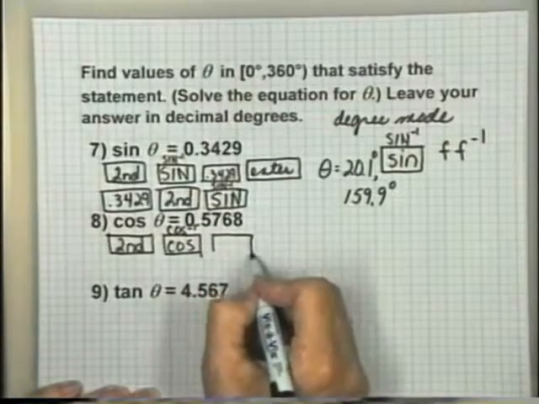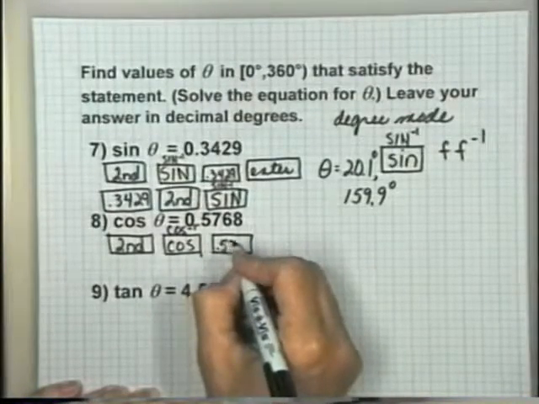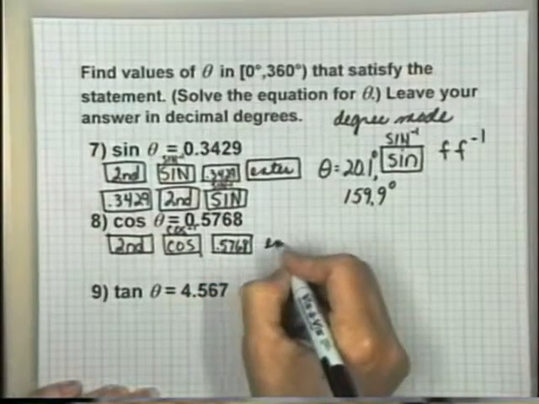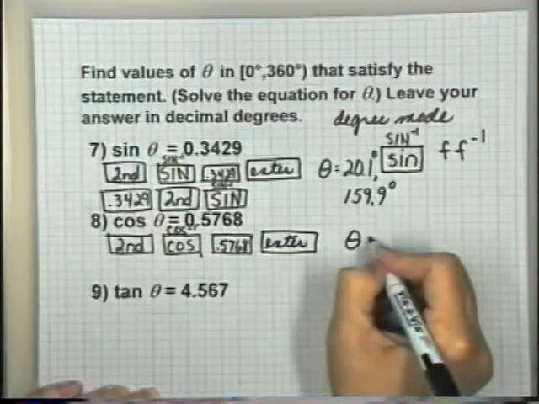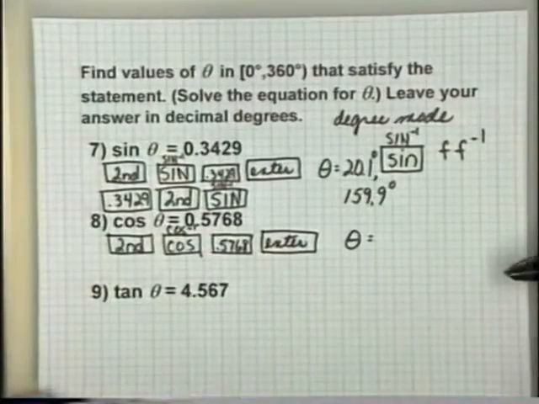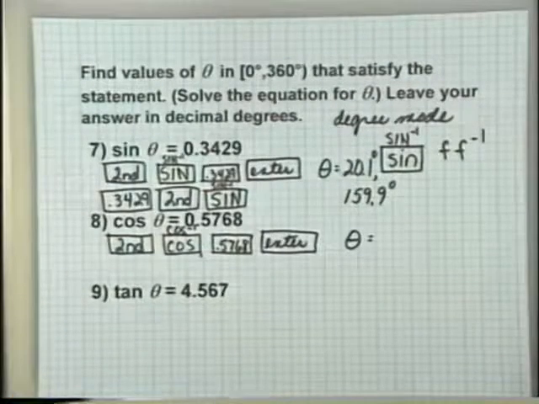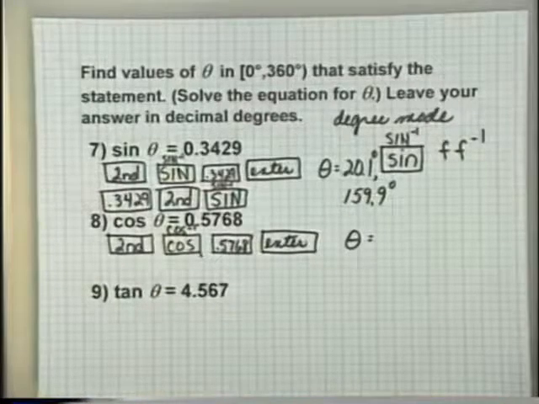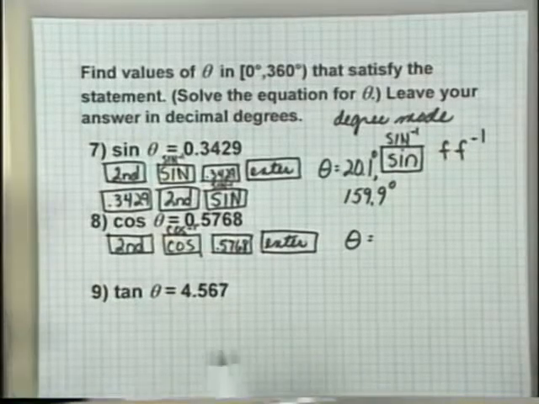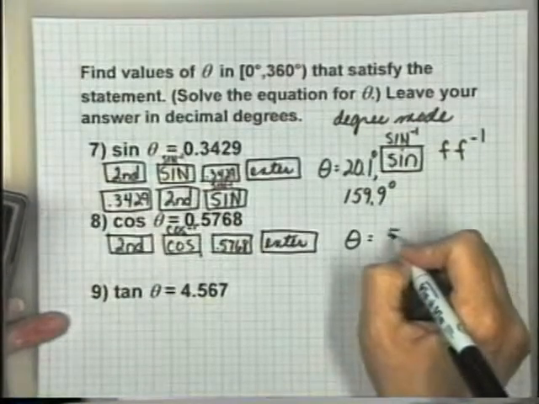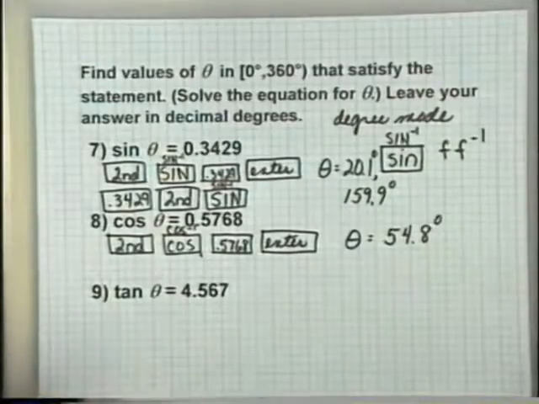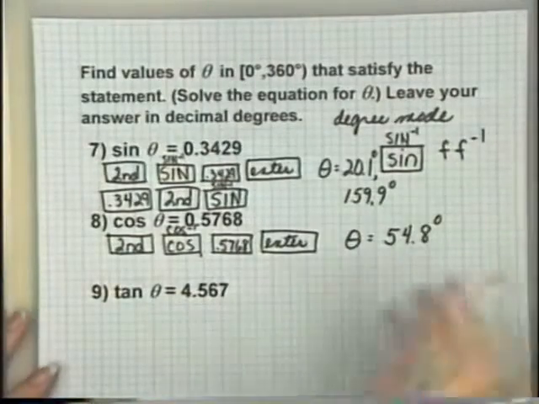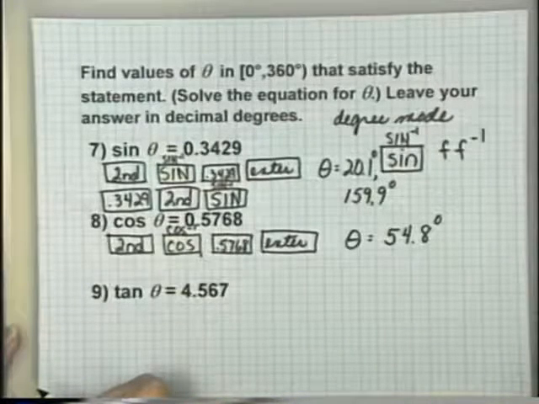And then we'll put our value in, .5768, and then of course we'll have to press our enter button. And that should give us theta. And we'll round to the nearest tenth. We get 54.8 degrees.